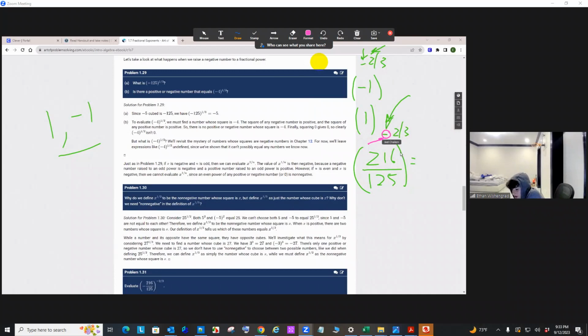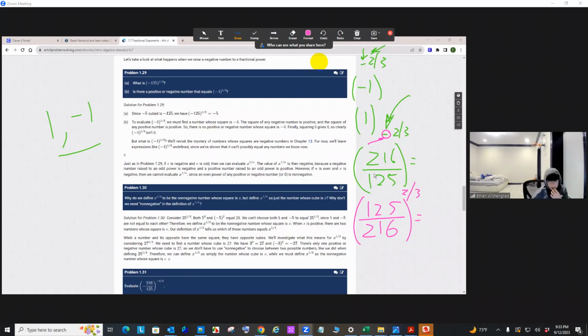Flip it. Right, exactly. Nobody likes negative exponents. Negative exponents are disgusting. We get rid of them as fast as we can. Now we have 125 divided by 216 to the 2/3 power. You see how we're doing one thing at a time? But wouldn't we do three halves? Oh, wait, no, I flipped them.